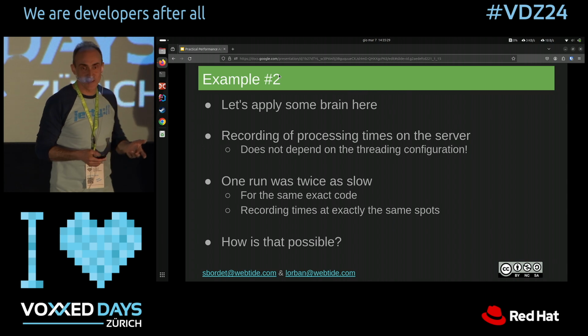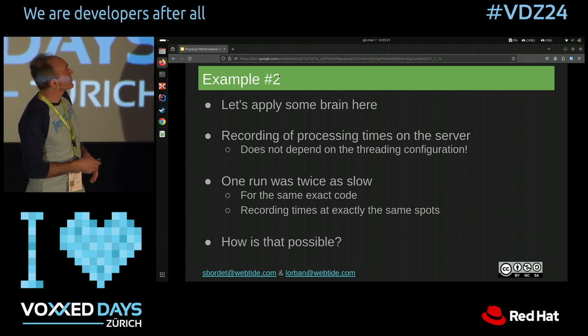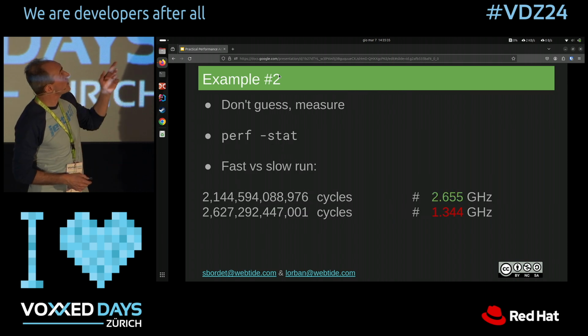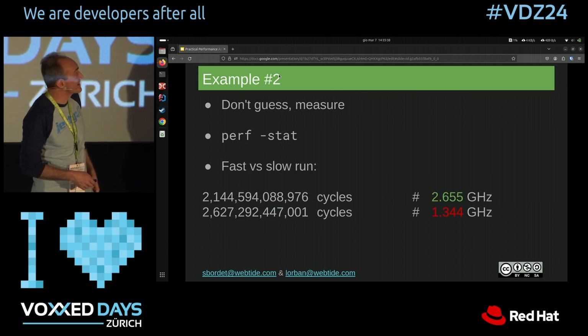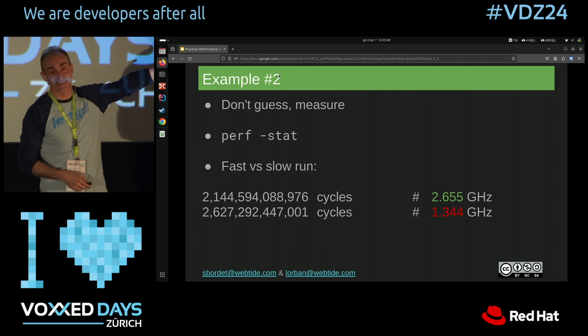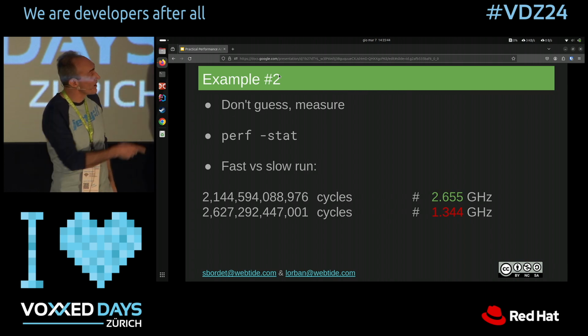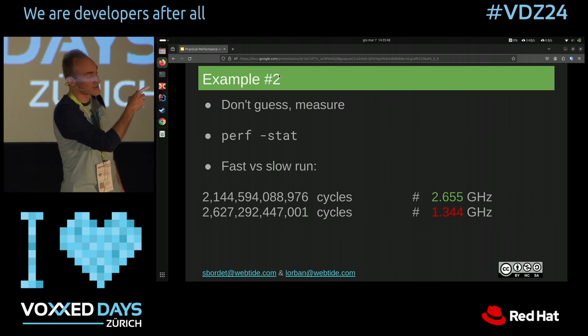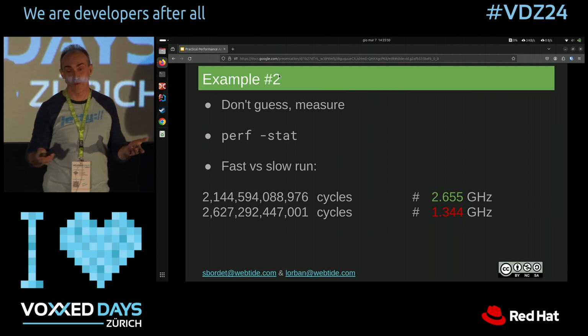Well, after 1 week of trying things and figuring out, we said, okay, let's not guess. Let's try to measure. And we enabled perfstat. What we saw was that we forgot to set the CPU governor to performance. So one test was running the CPU at 2.6 gigahertz, and the other test was running at 1.3.